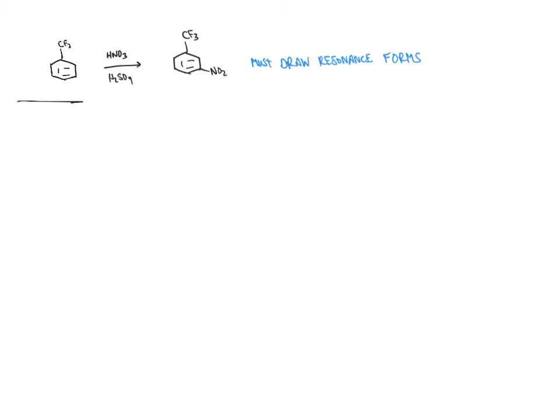Okay, so let's do the first example, the ortho nitration. In the case of ortho nitration, I'm going to again skip ahead to where the nitronium ion is already formed. If I do ortho nitration, I'm going to attack with that set of electrons. I'm going to get an arenium complex that looks like this.